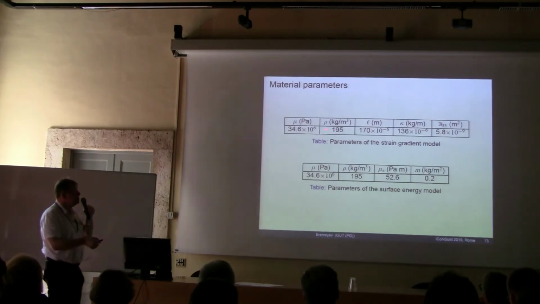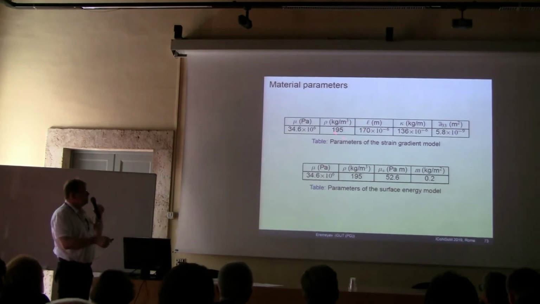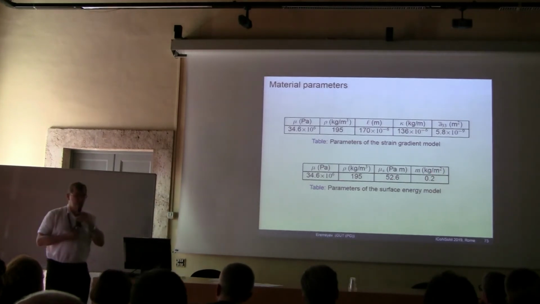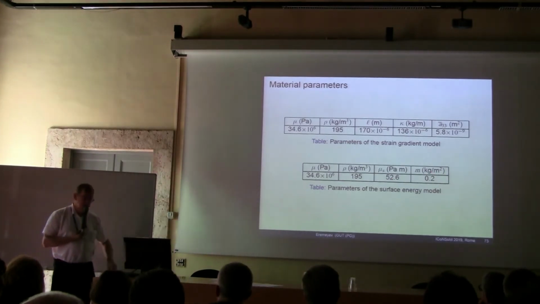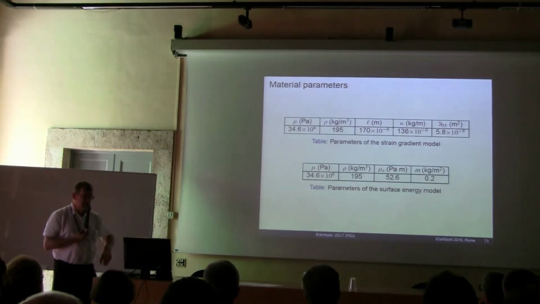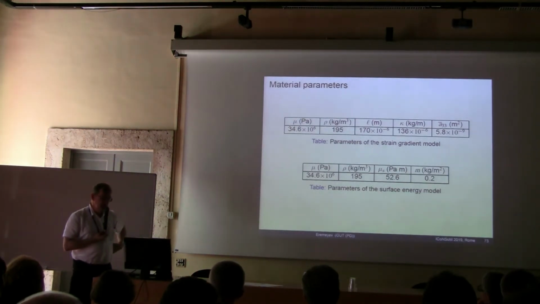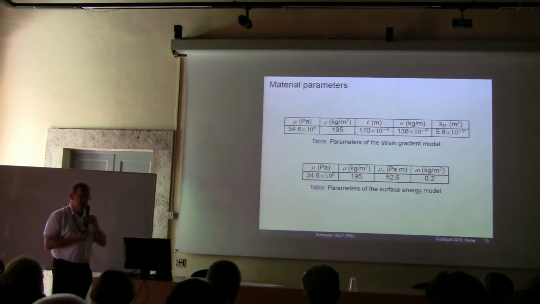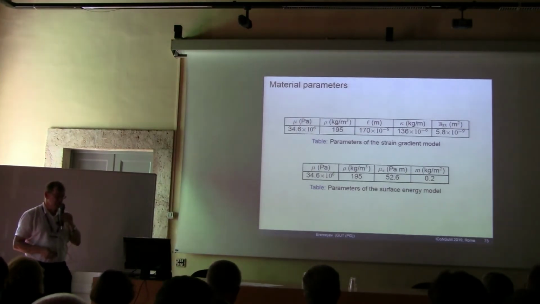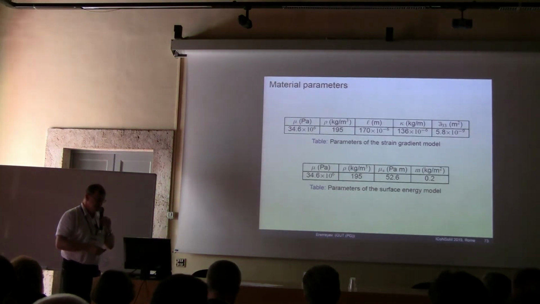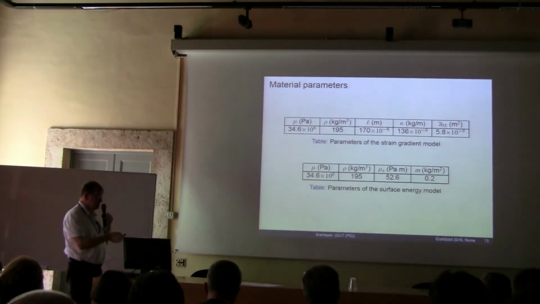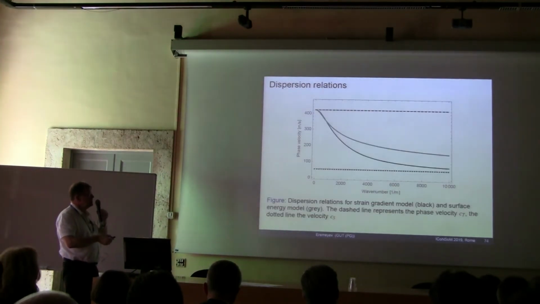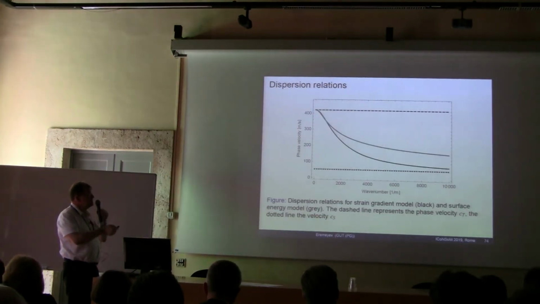We use some parameters for strain gradient models and the surface energy model, and if you ask me where I am taking them from, it was some averaging procedure by Giuseppe Rosi, who considered a microstructured layer to make calculations and average it to obtain material parameters for strain gradient models. So we use it, and we have quite similar behavior.